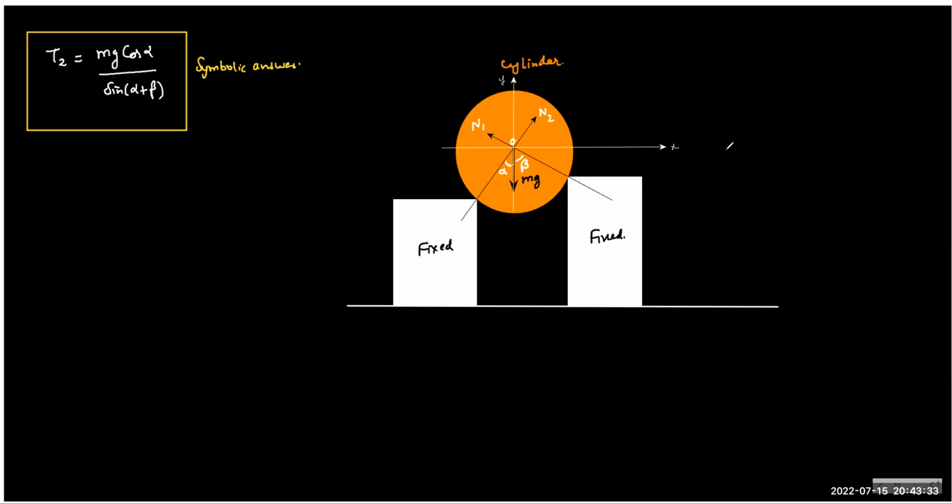Then solve these two to get N1 and N2. Of course, the answer will be in terms of alpha, beta, and mg. So you can take the next 20 minutes because this is the last question anyway. But make sure you do the rigor to get the answer. Try your best to arrive at the answer, no matter whatever it takes.